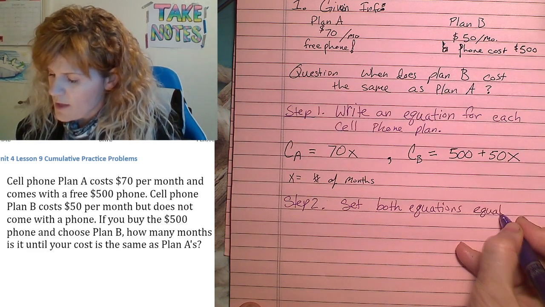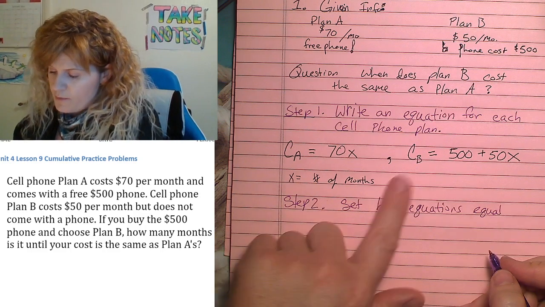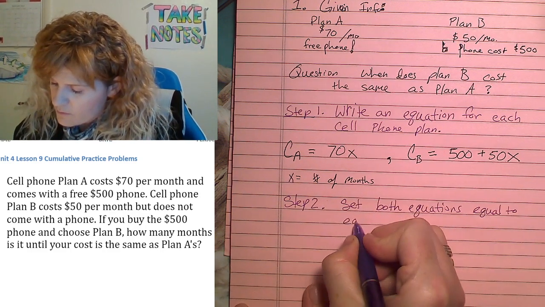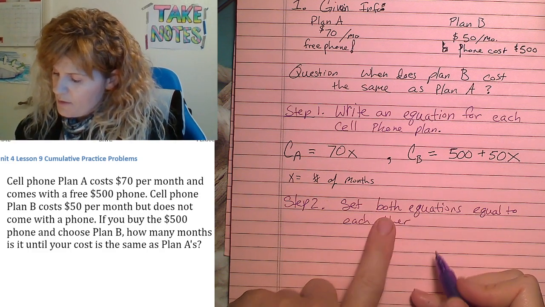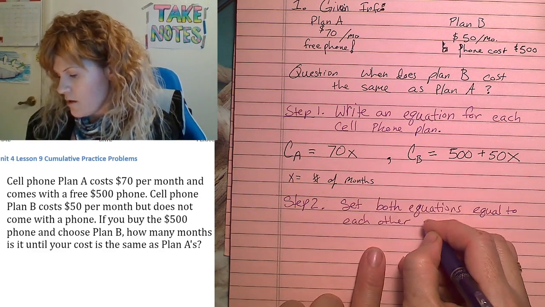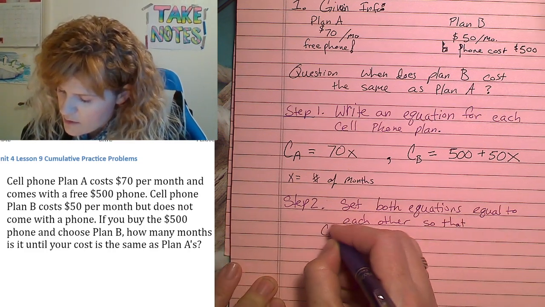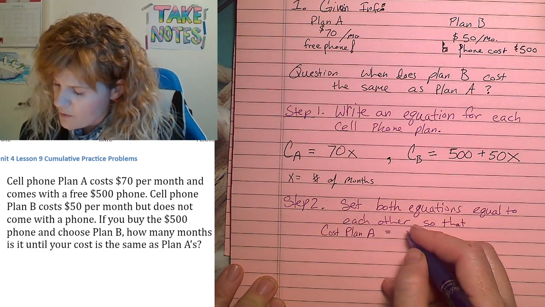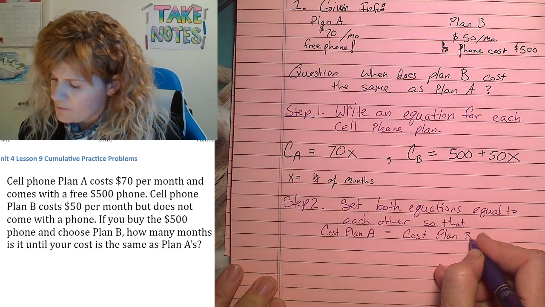The reason we're doing that is because we want to know when the cost of A equals the cost of B. I'm even going to put that in my notes. Set both equations equal to each other so that the cost of Plan A equals the cost of Plan B.